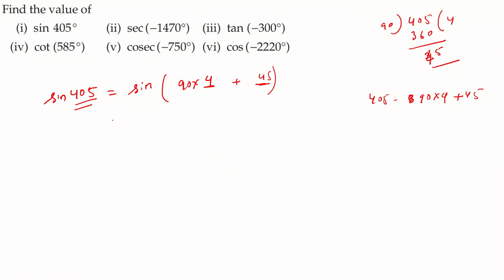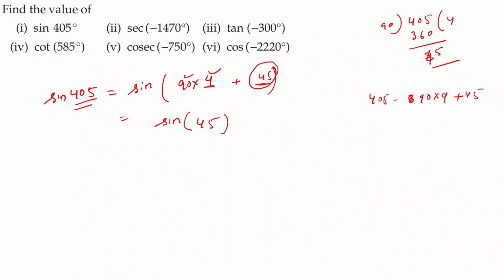Okay, so now you see, this is 90 into some even number, so we won't change sine into cos, we will keep sine as sine, because in 90 into 4, 4 is an even number. Now inside the bracket you just write down this remaining angle, sine of 45 degrees, but we are not done yet.